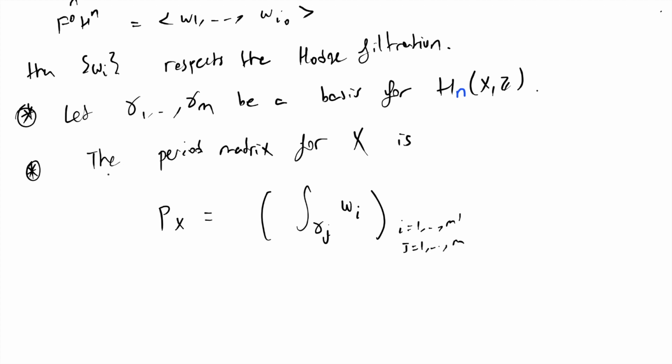Here, of course, I'm calling it the period matrix, but it's well defined only after you've chosen all these bases. Once again, the rows are the coordinates of the omega_i's, and the columns correspond to the homology cycles. And when I talk about you giving me a period matrix, it's understood that I also know the numbers.